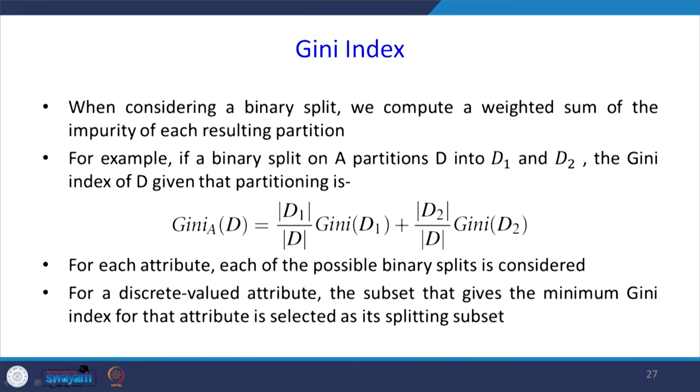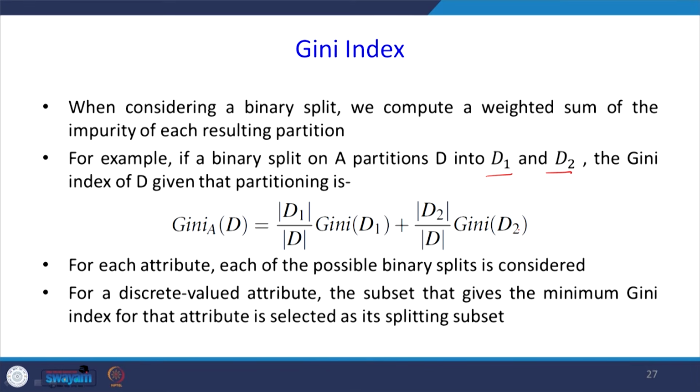For example, if you binary split a partition D into two categories, D1 and D2, then the Gini index of D given that partitioning is: Gini D for each attribute equals modulus of D1 divided by modulus of D, Gini of D1, plus modulus of D2 divided by modulus of D, Gini of D2.